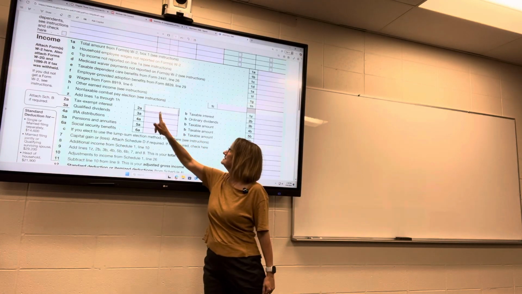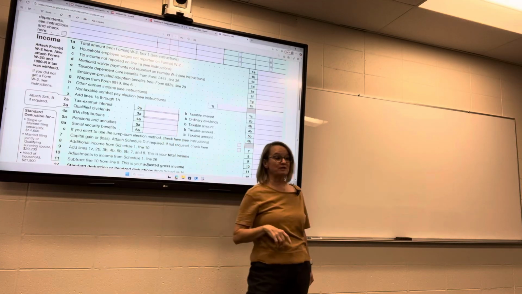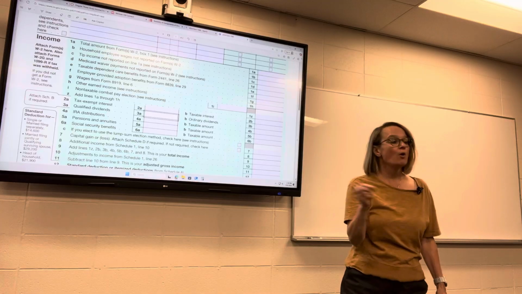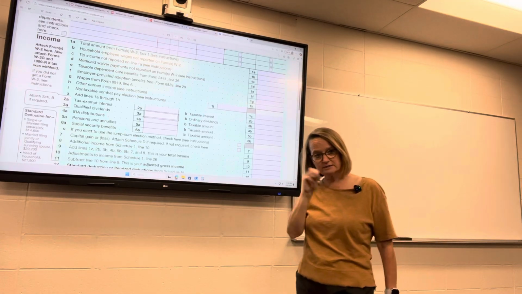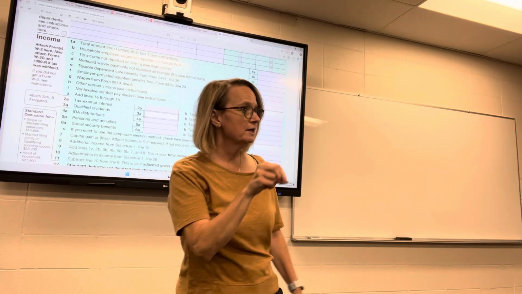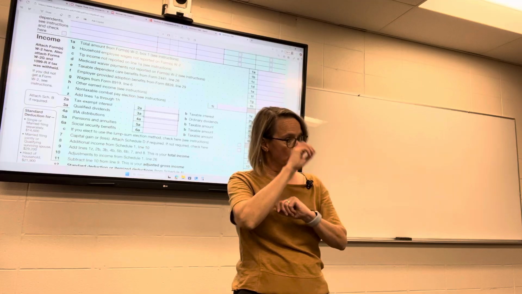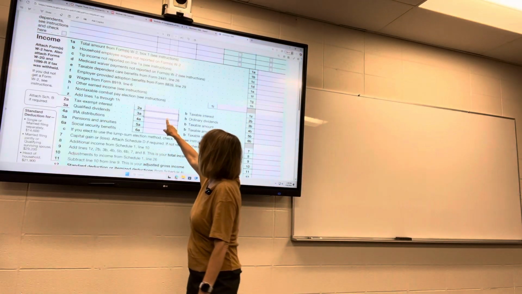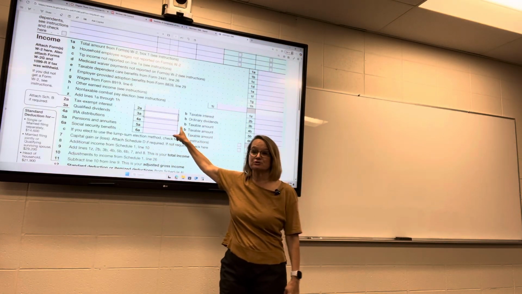The qualified dividends get special tax treatment. They have their own tax rates. So all those tax rates that we talked about in chapters 1 and 2, how we calculated all of the tax on that tax liability, anything in this box is going to have a special tax rate.